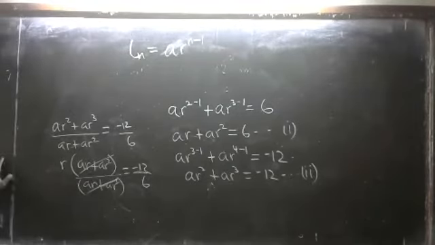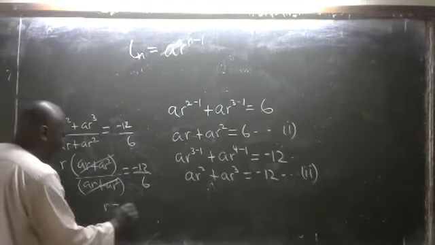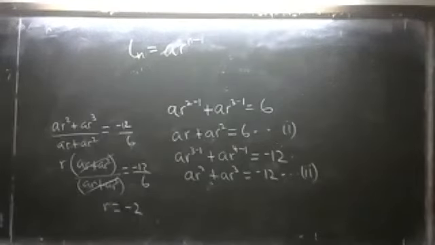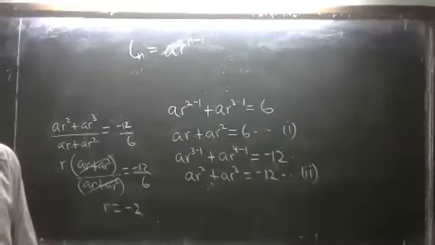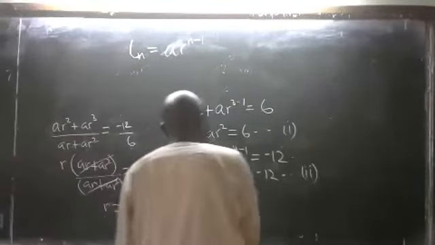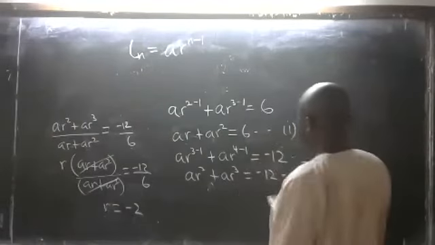So R is equal to -2, then find A. Now to find A, we can use one of these two.